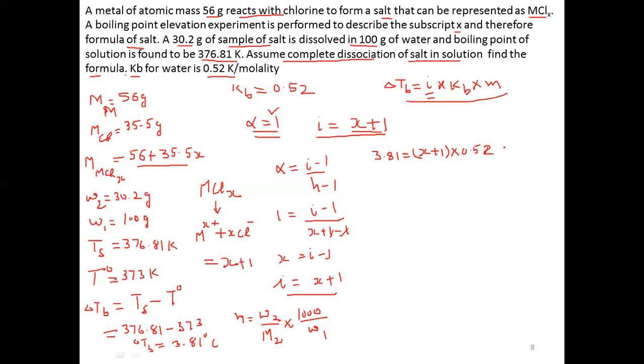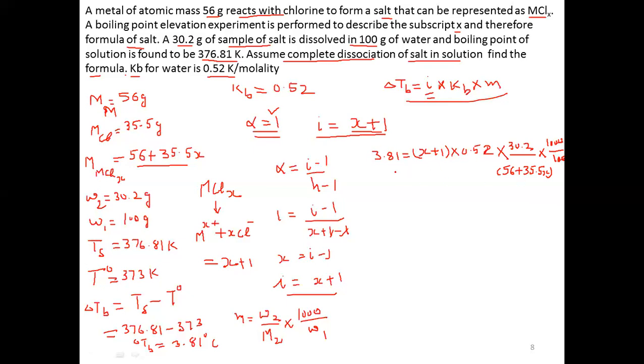W2 is 30.2 divided by its molecular weight. We don't know it, so we will use 56 plus 35.5x, into 1000 divided by the weight of solvent, which is 100. So it gets cancelled, and it is 10.